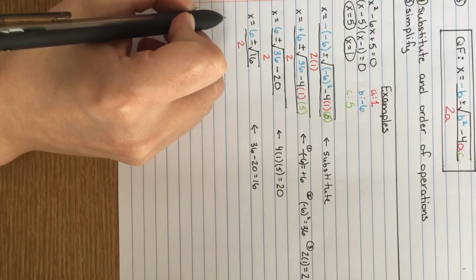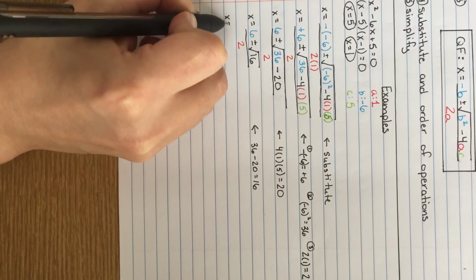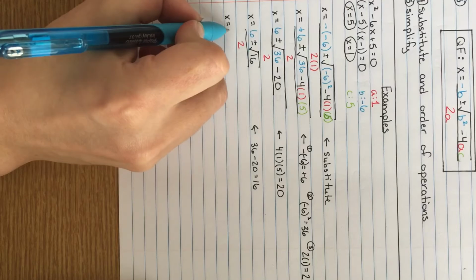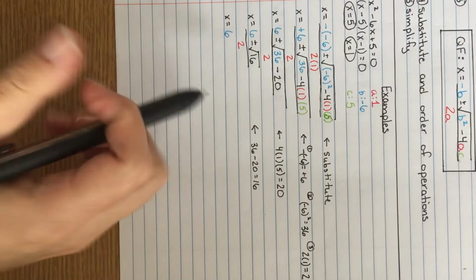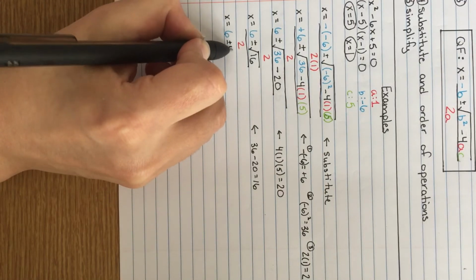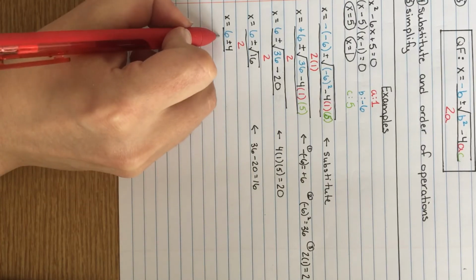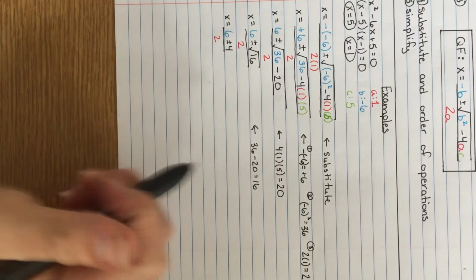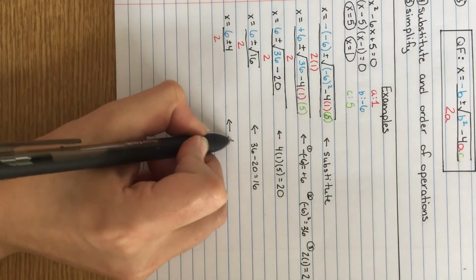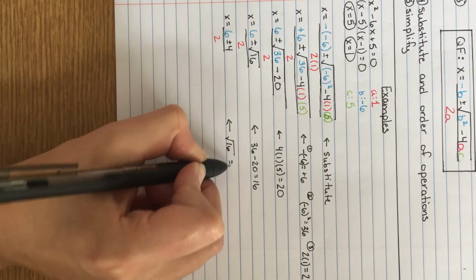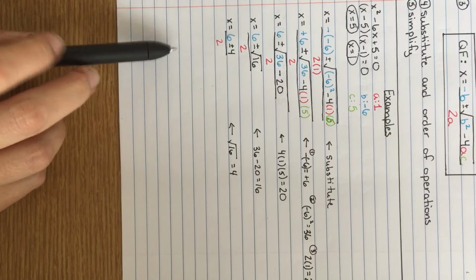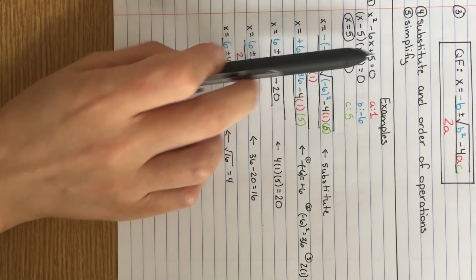At this point, I can take the square root of 16, and I get 6 plus or minus 4 over 2. Square root of 16 is where I got my 4. And this is what I mean by step 5 to simplify.